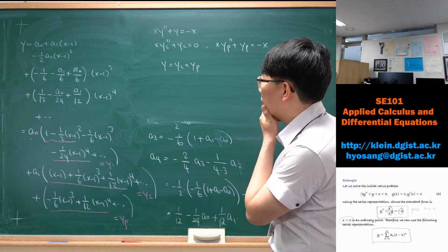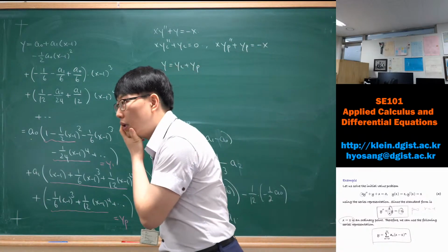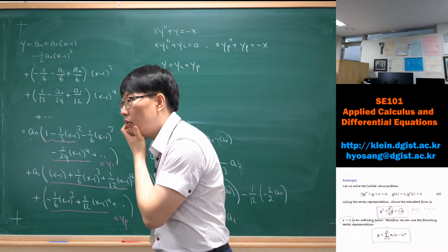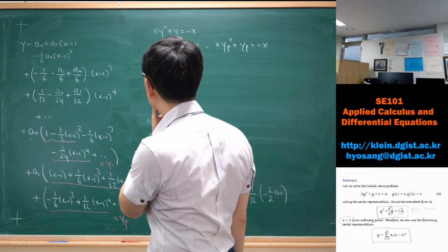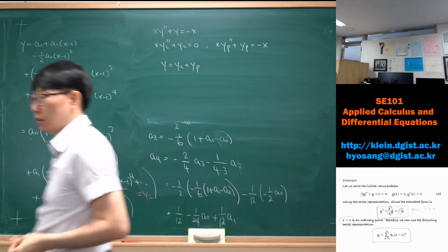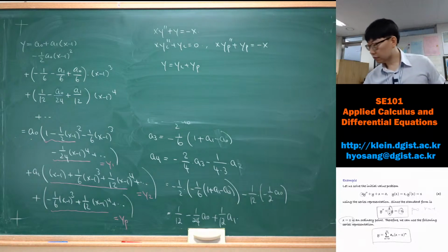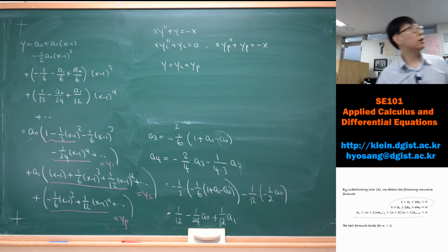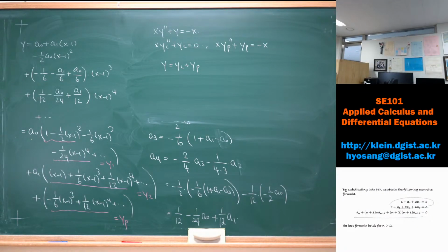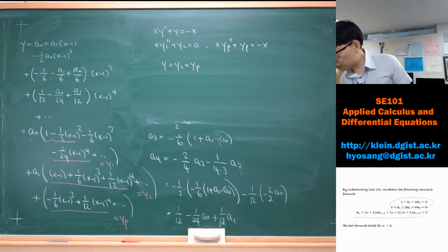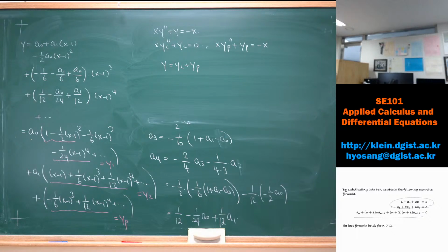Is the computation wrong? A2 is 1 over 12 minus 1 over 2? I erased it, so I don't know. Wait a moment. A2, wait. 2 minus 1 over 2. Right, you're right. So the computation gets wrong here.